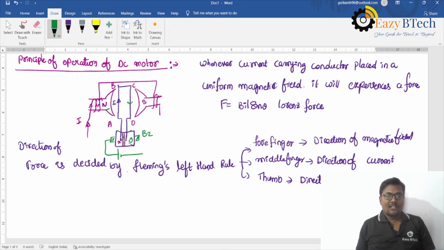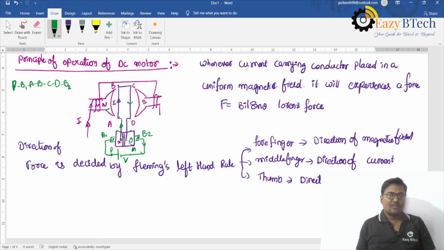Here I am giving an external supply, that is our voltage. The source has two terminals, P and M. The current flows from P through brush B1, conductor A to B, conductor C to D, and brush B2.